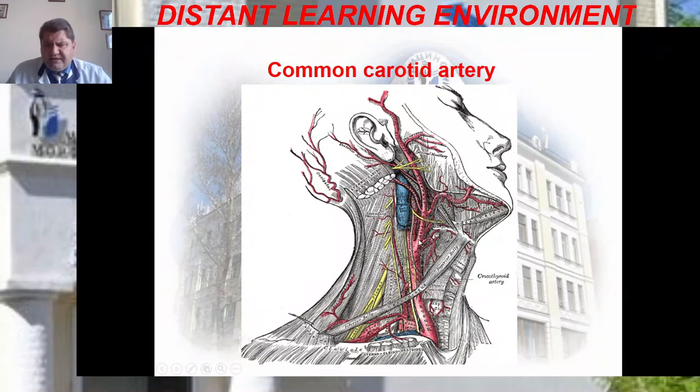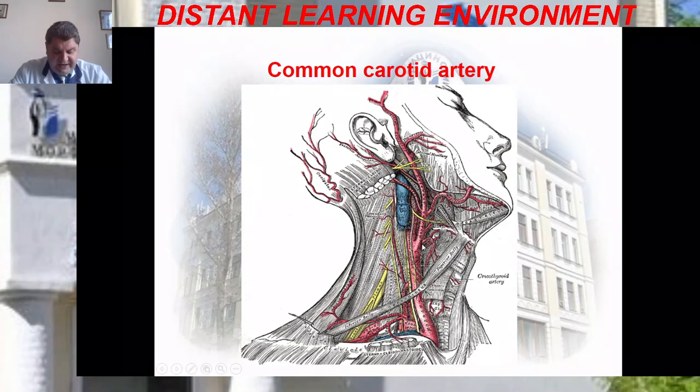They are called the external carotid artery and the bigger internal carotid artery. This place in the common carotid artery is called the bifurcation.